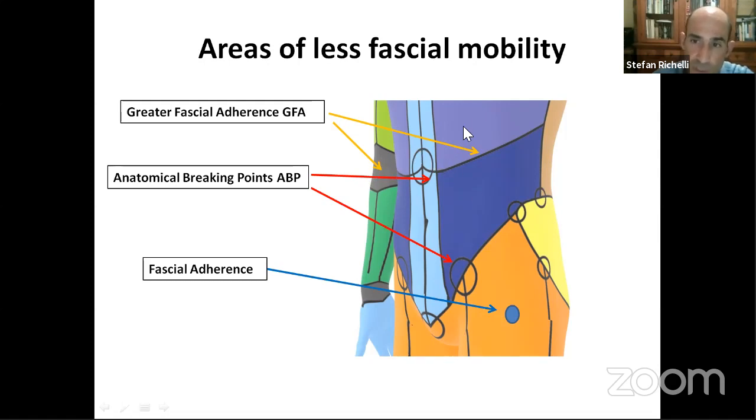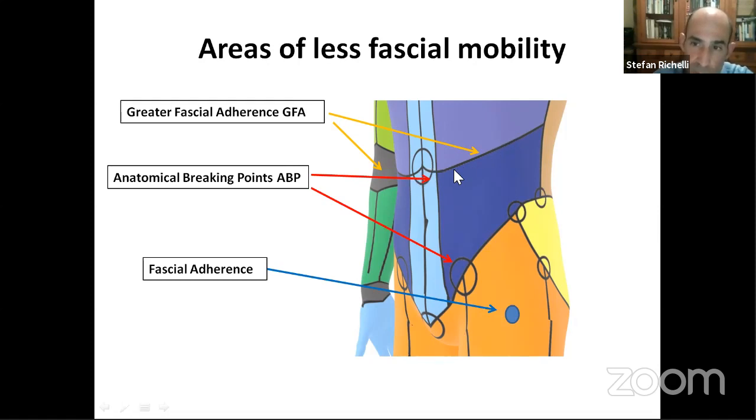Between the different quadrant systems or quadrant elements, where more than three quadrants converge, we call them anatomical breaking points. There is where more stiffness or more tension arises, because we have to work together with all the sections, and where they converge and the skin is more restricted to the deepest layer, we will have more adhesion to the deepest layer.